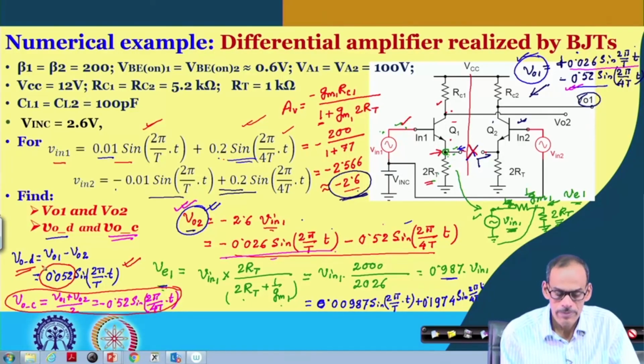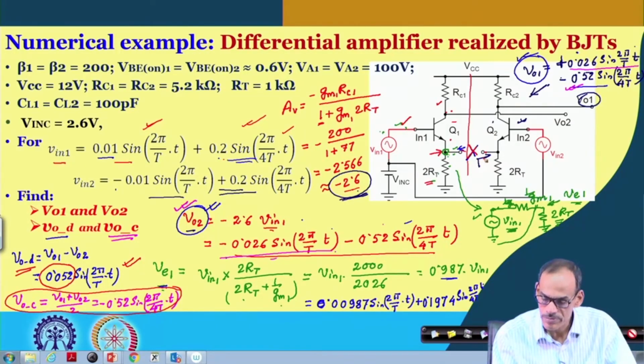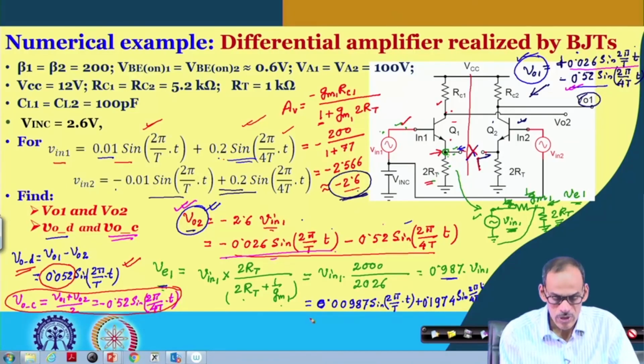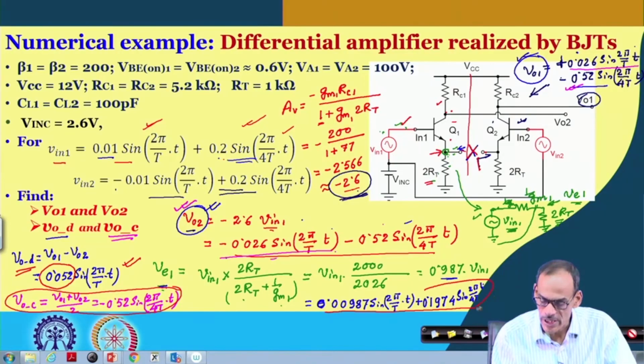And so, now if I make a connection, we are expecting that the emitter voltage at the emitter of transistor 2 also has a similar kind of signal, as you can see here. So, what will be the difference? This part will be the same, but this part will have opposite sign.